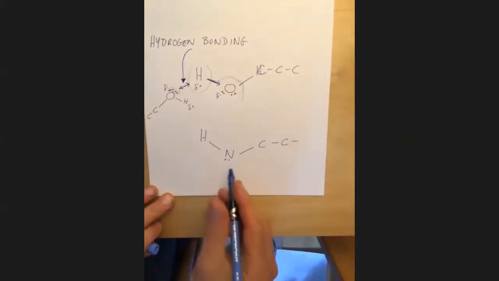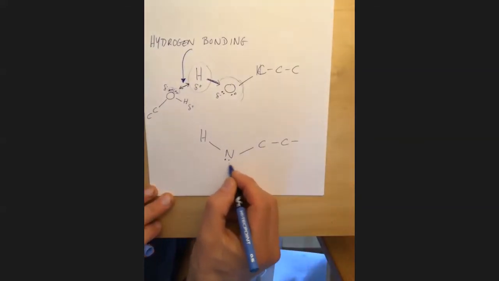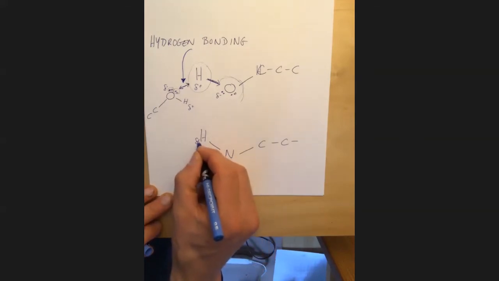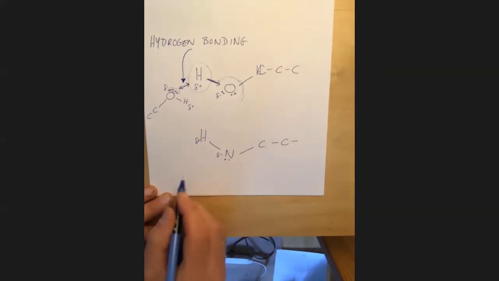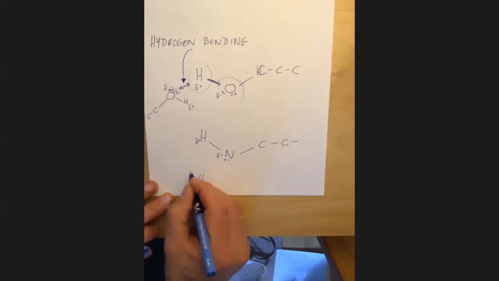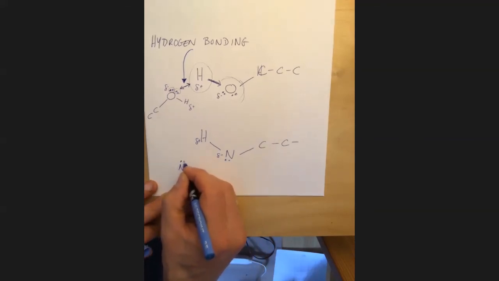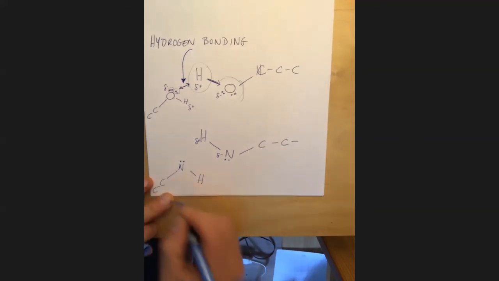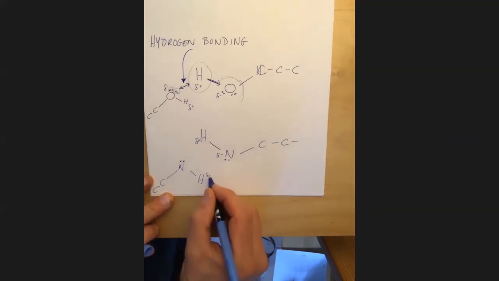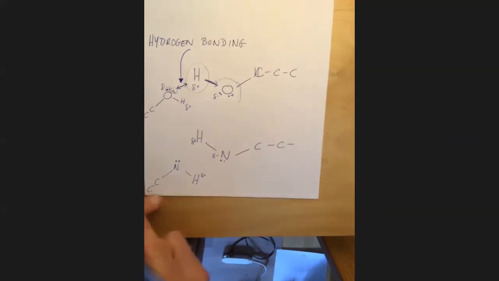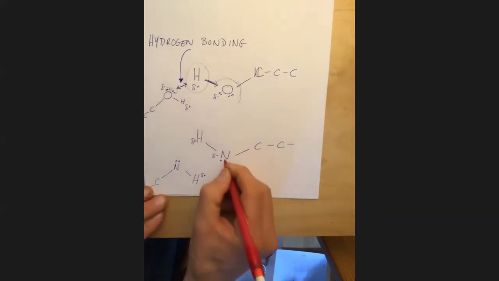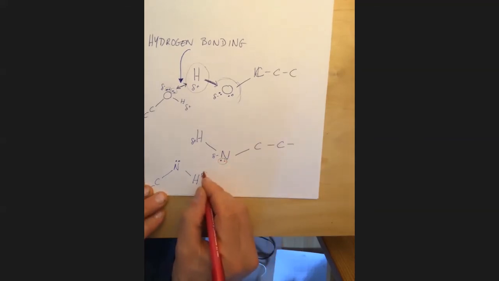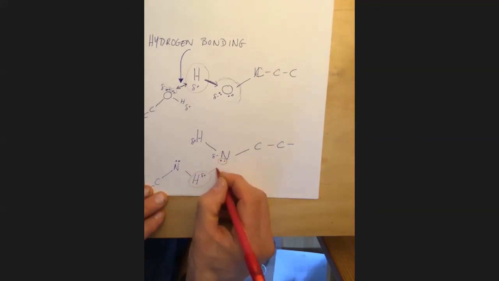Another example down here. So I've got this lone pair of electrons on this nitrogen. This is slightly positively charged, slightly negatively charged. It means that some other hydrogen attached to some other nitrogen can have a slight positive charge here. This lone pair of electrons and this hydrogen are attracted to each other.